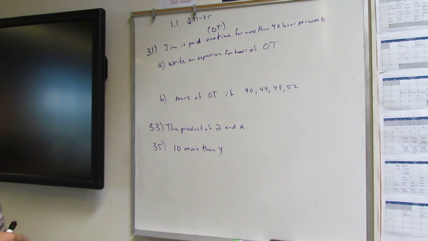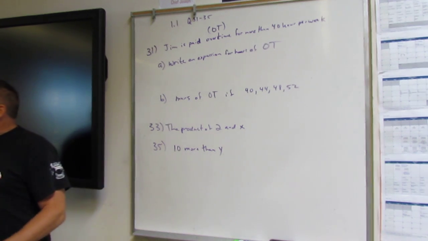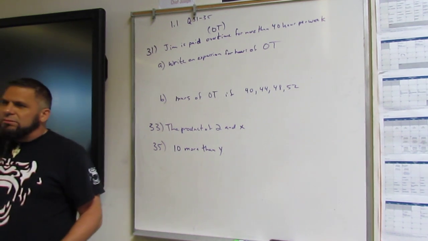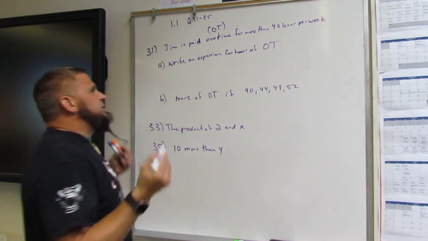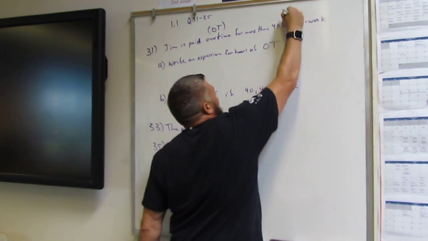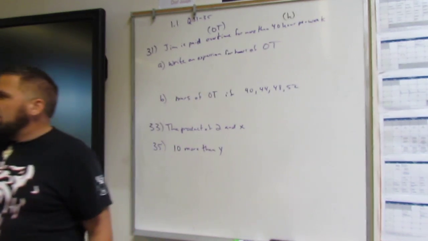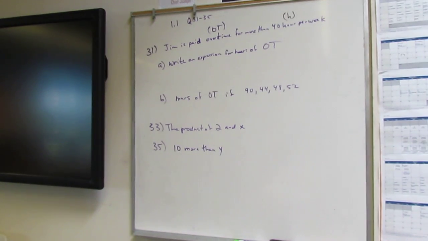So they want you to write an expression for OT. So how can I figure out how much he's working if my variable is T or H? I think they wanted H. Okay? So how can I figure out how much overtime he's worked if he has to work 40 first?